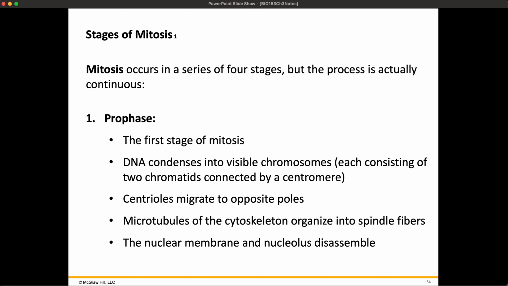We'll talk about this in lab when we are identifying these things, but the DNA condensing, the nuclear membrane and nucleolus starting to fall apart, and the migrating of the centrioles, those are all visual clues that you can use to tell what phase you're in.